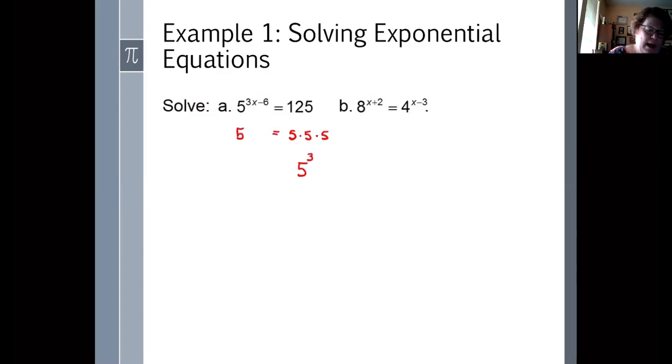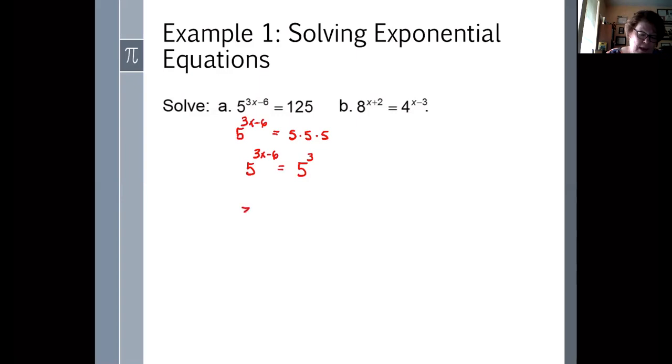So by writing 125 as 5 to the third power, we have the base on the left-hand side of this equation match the base on the right-hand side of the equation. And once the bases on each side match the same number, then I can set the exponents equal to each other.